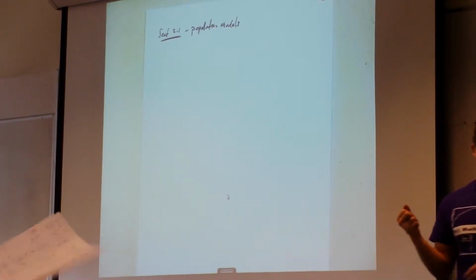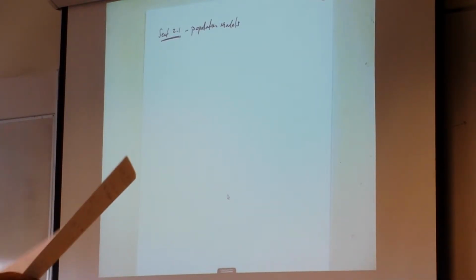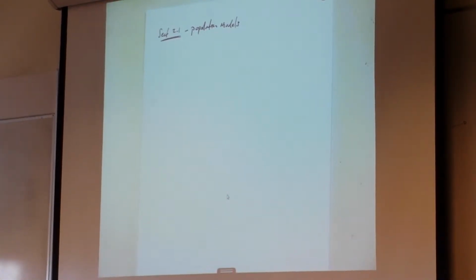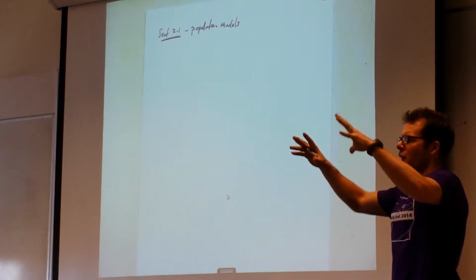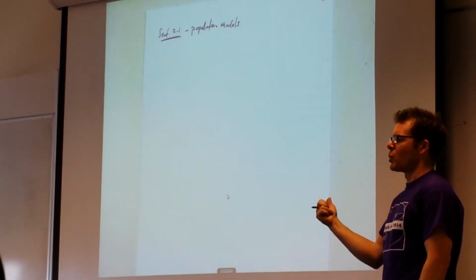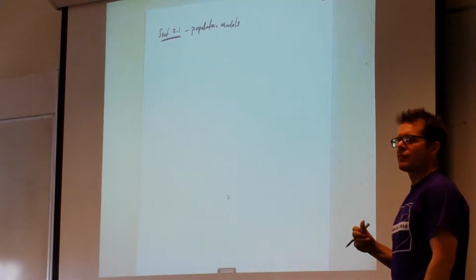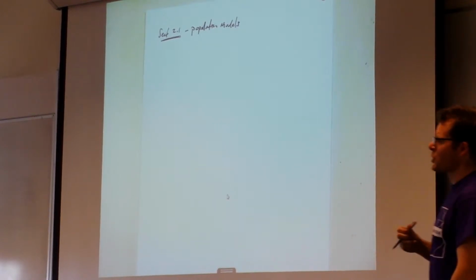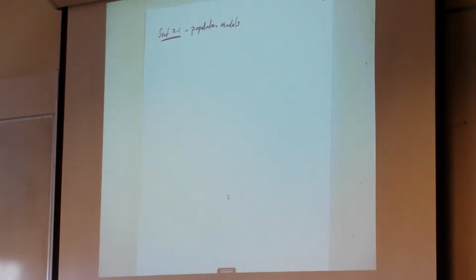It could be population of a rumor spreading. So in a population of people, the number of people who have heard a rumor, that could be the population. The population could also be radioactive materials. Okay? So population models have differential equations attached to them quite often.